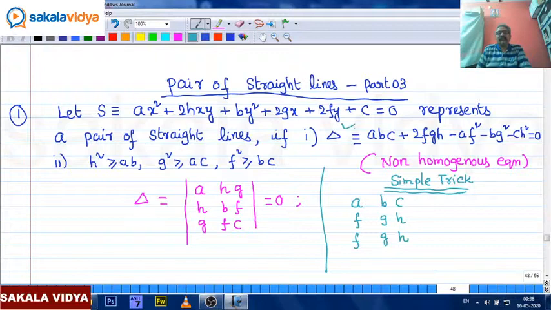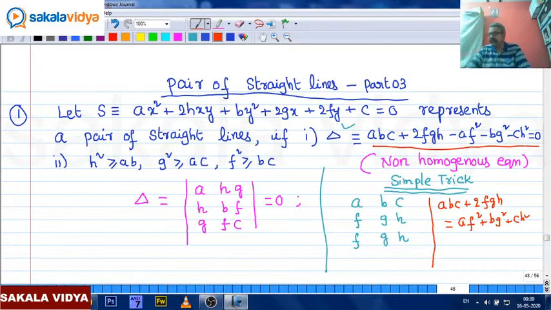To get the delta value, first take the product of the rows: abc plus the product of the second row and the third row, fgh, added, so 2fgh, equal to the sum of the products of the columns: first column af square, second column bg square, third column ch square. Bring these three terms to this side and you get the same delta equal to 0.